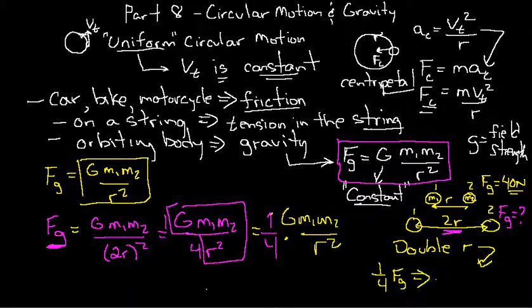So in this case, if our force of gravity at distance r was 40, you're going to have 1/4 of what you originally had. 1/4 of 40 is 10 newtons. So if you double the distance, you're going to reduce the force of gravity by 1/4, which means if you start with 40 newtons, you're going to have 1/4 of that, which is 10 newtons. So the force of gravity became less.